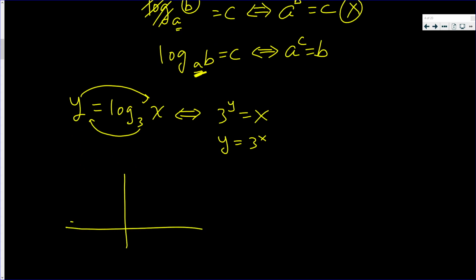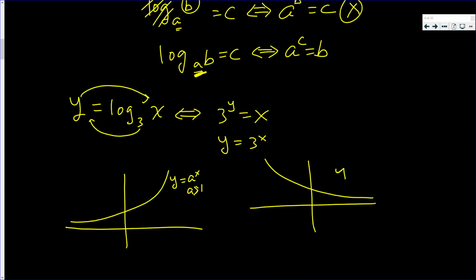Before we learned that this is y equals a to the x, where a is bigger than 1. And we learned that this is y equals a to the x, where a is between 0 and 1.